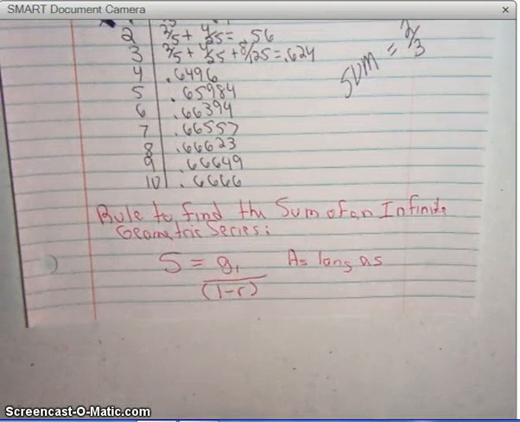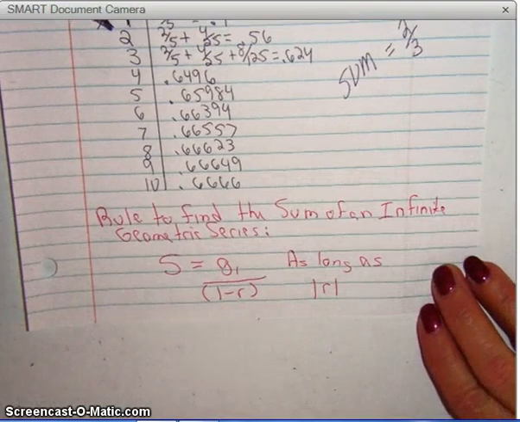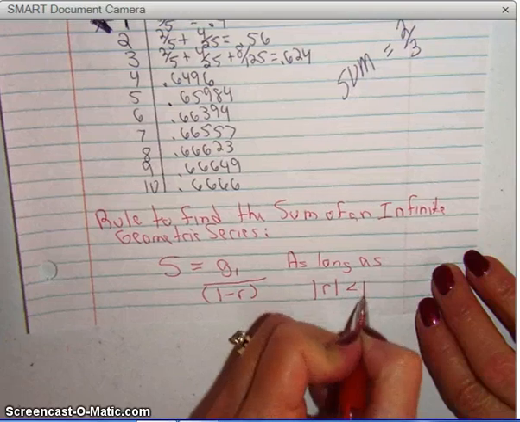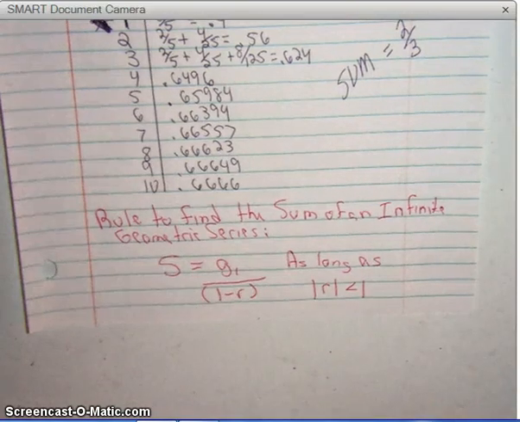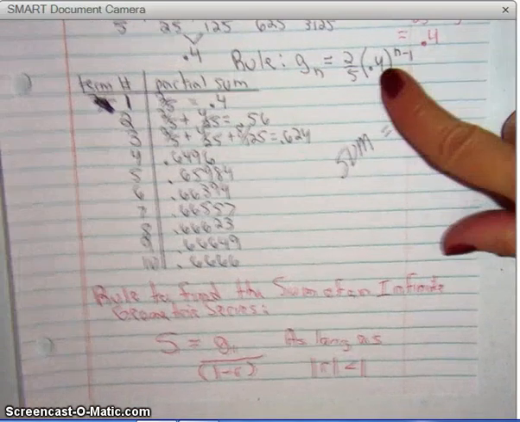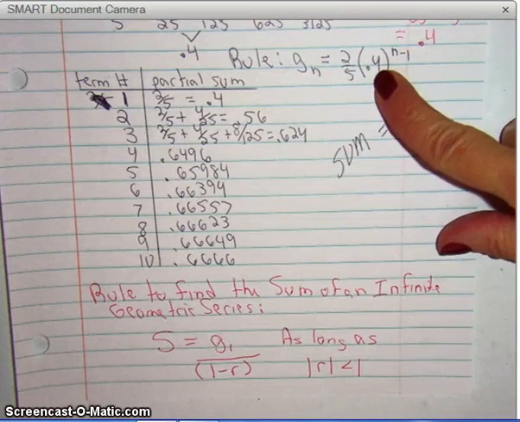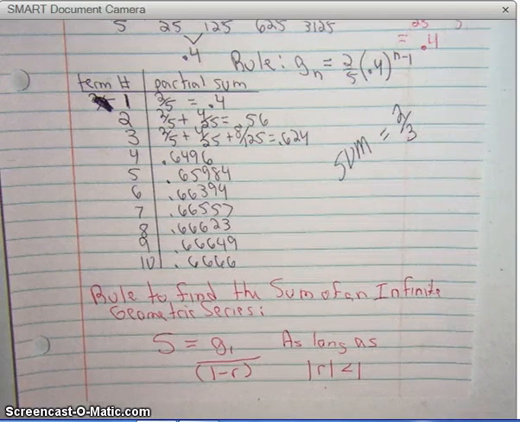It does not always work if the absolute value of r is greater than 1. When you figure out the rule like we did up here, if that number r is greater than 1 in absolute value, then it can't be done and you put no sum. That's all you have to do.